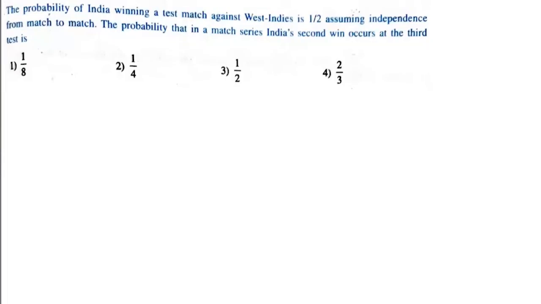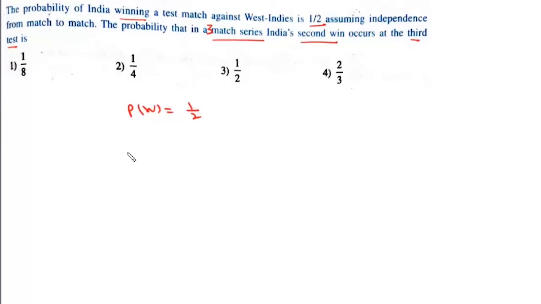Now here the question is, the probability of India winning a test match against West Indies is 1 by 2. So probability of India winning, it is 1 by 2, and assuming independence from match to match, we need to find the probability that in a match series, India's second win occurs at third test. I think it should be in a 3-match series. Now second win should occur at third test.